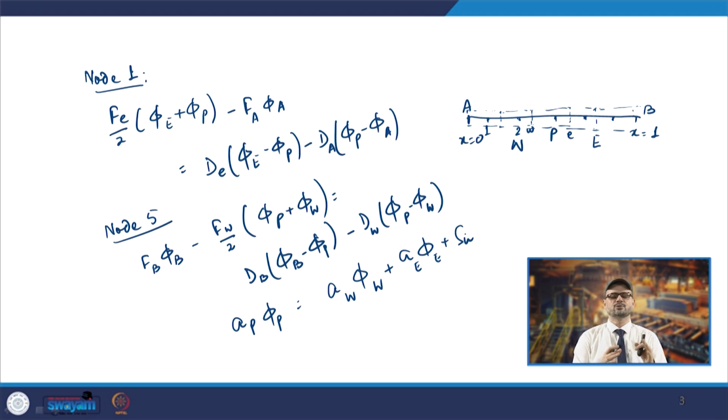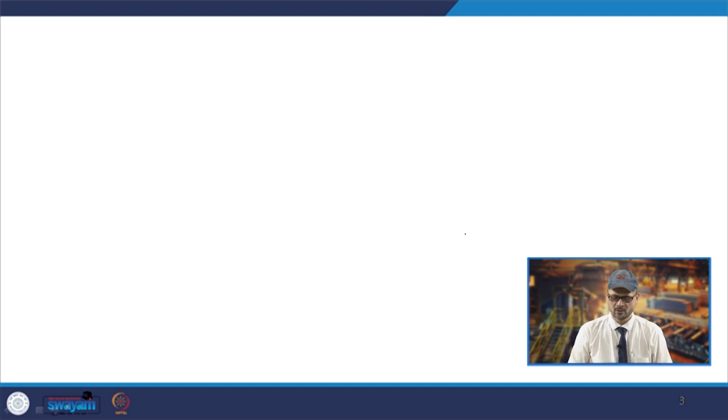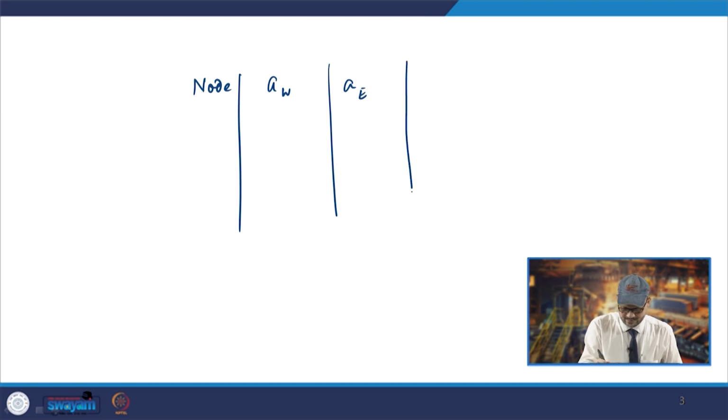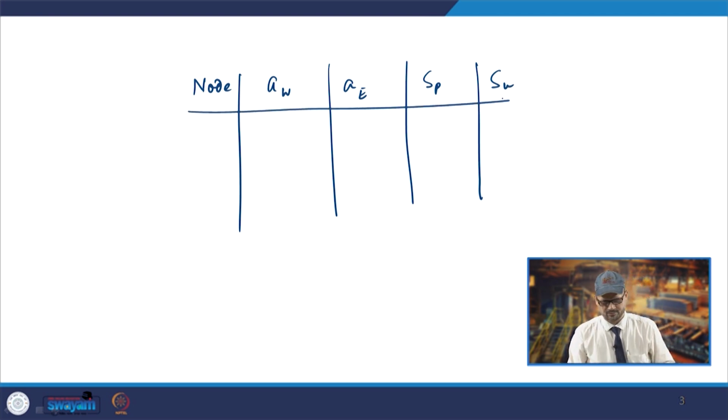So, if you do the rearrangement, for every node you will have the values of Aw, Ae, Ap, and then you have Sp and Su, once you linearize the source term.